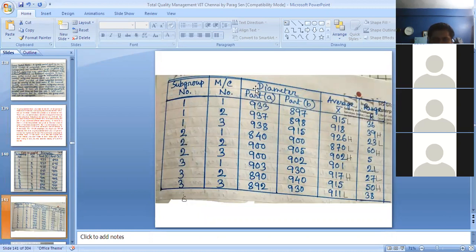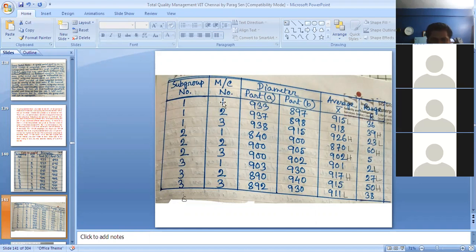You can see that you are using 1, 2, 3 different machines, that means 3 different lathes. One thing I told incorrectly: you are not using those 3 machines for 3 different shifts. You are using those 3 machines for all the shifts.